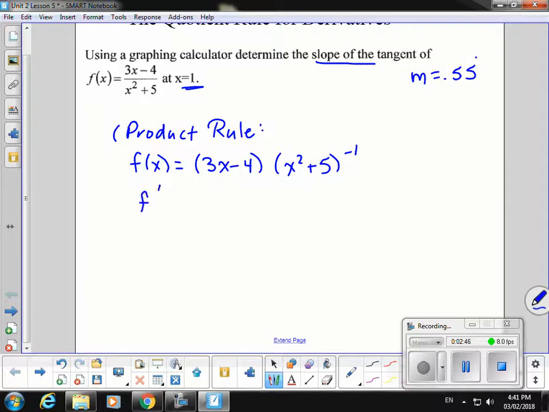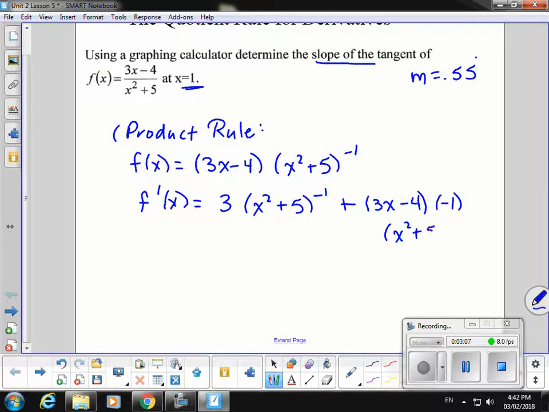My derivative would be the derivative of the first, which is just 3, times the second, exactly the way it is, plus the first times the derivative of the second, where I bring down the negative 1, reduce the exponent by 1, don't forget the guts, done.